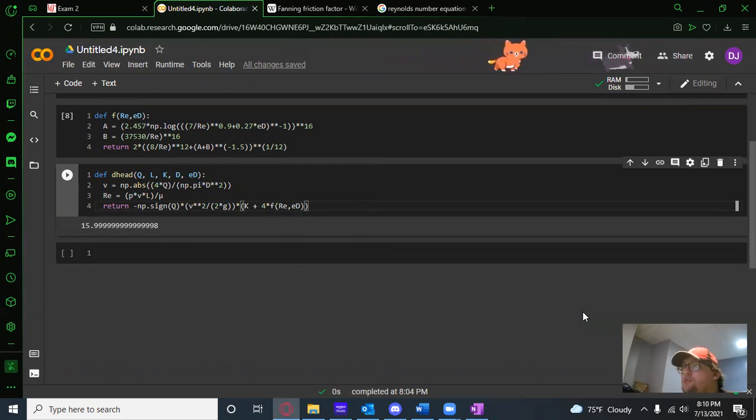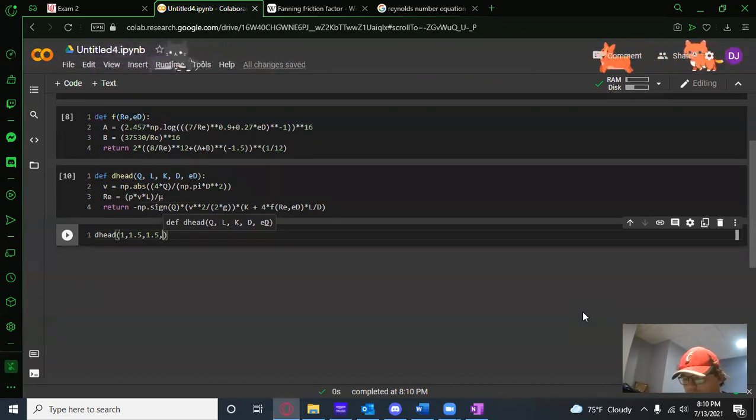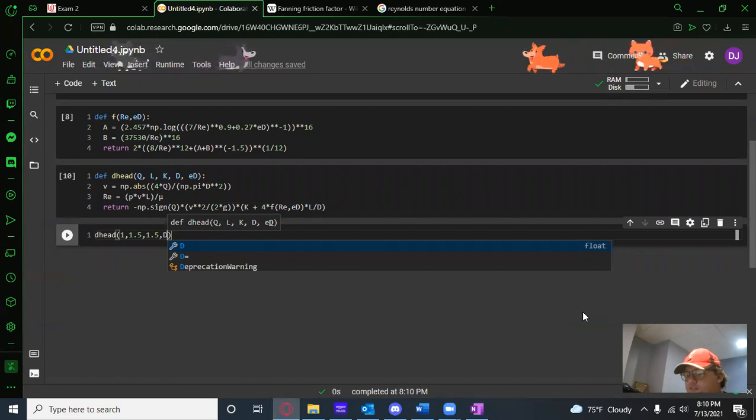I mean the Reynolds number and the roughness, multiplied by the length divided by the diameter. So if we calculate our d head with a flow rate of 1, and if we just do our very first pipe, which has a length of 1.5 meters, a K of 1.5, a diameter of 0.1, and a roughness of 0.001.